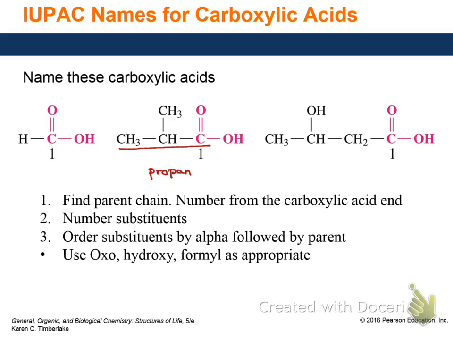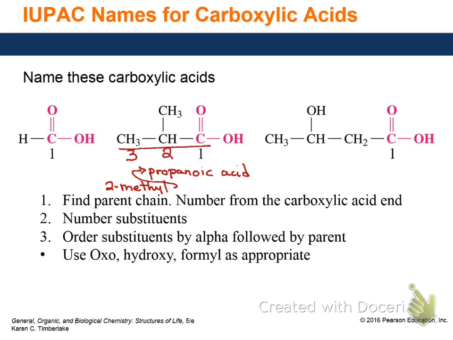I'll get rid of the E and add OIC. I'm already tired of saying it. Propanoic acid. Now, we're going to number from there, so that's 2 and 3. So what do I have on there? I have a methyl group, so it's 2-methyl propanoic acid, and this just goes in front like that.